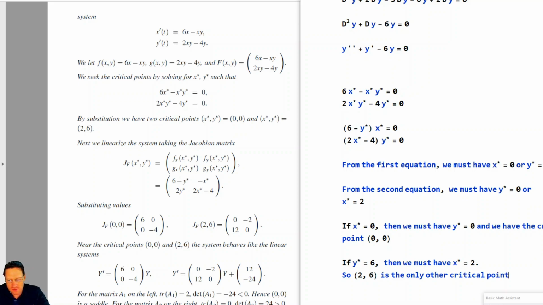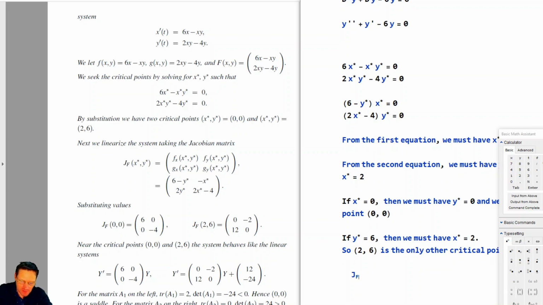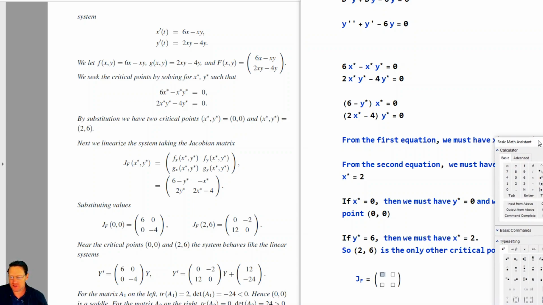We can see that there are only 2. All right, so given those, we know that there are 2 critical points. So what we want to do next is take the Jacobian matrix of uppercase F. So let's just carefully do this. J subscript uppercase F is a 2 by 2 matrix consisting of partial derivatives.